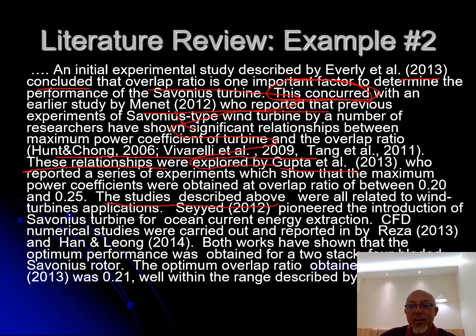And then Saya introduced the current energy section and ocean current. And Reza did CFD. They found an optimum for this. And the optimal ratio obtained by Reza was this one, well in the range described by Gupta.